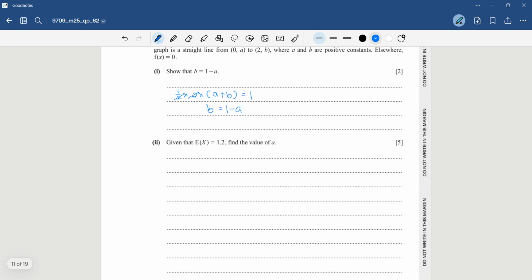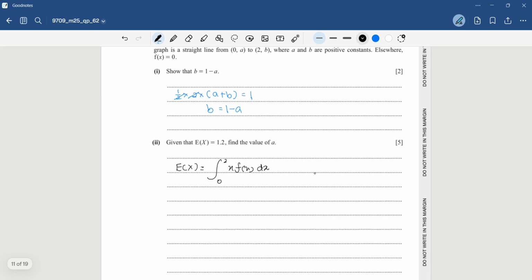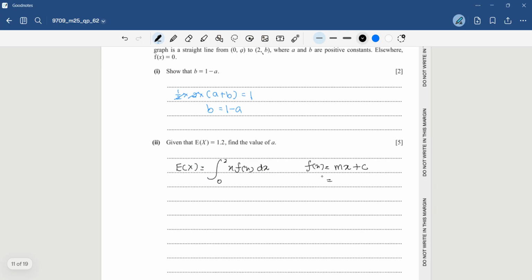For part 2, given that E(x) equals 1.2, find the value of a. If I want to find E(x), the idea will be the integral from 0 to 2 of x times f(x) dx. So I need to find my f(x) first. If you notice, it is a straight line, so f(x) equals mx plus c, where m you can find using these two coordinates.